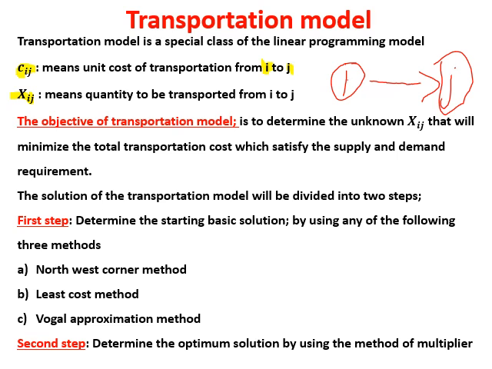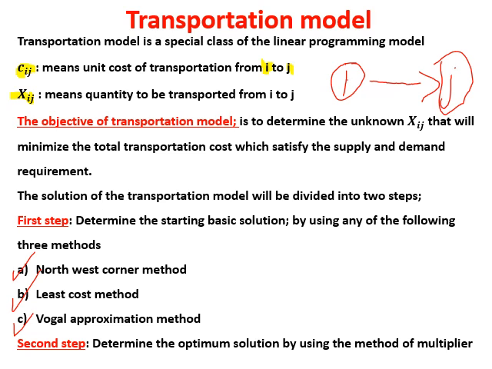We have three methods: the northwest corner method, the least cost method, and finally the Vogel approximation method. These all give a starting basic solution, but we want the optimum solution. In our problems in the operation research course, we always seek to get the optimum solution, not the starting solution, not just the feasible solution.